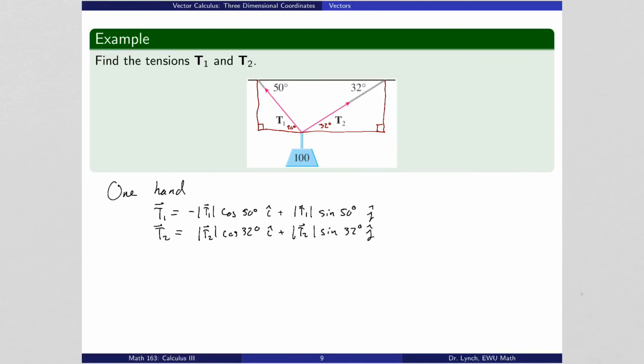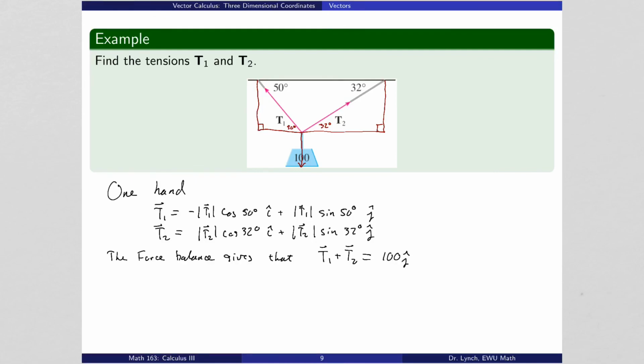So we can see that T1 can be described in terms of its components in the i and j directions: negative magnitude T1 cosine 50 i hat, because it points to the left, plus magnitude T1 sine 50 j hat, because that points up. And T2 points to the right and up, so magnitude T2 cosine 32 degrees i hat plus magnitude T2 sine 32 degrees j hat.